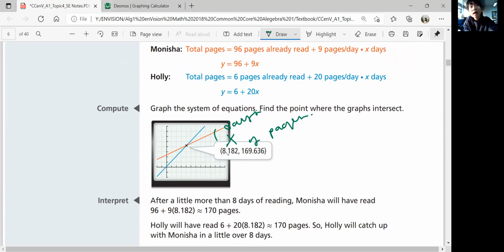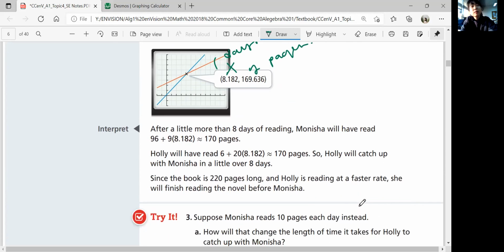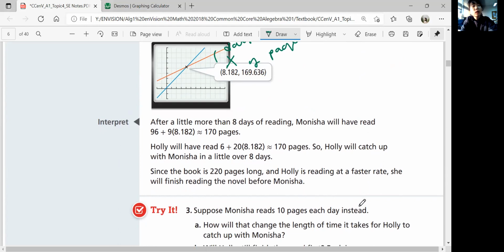And after that, Holly will have more pages than Manisha, because Manisha reads slower than Holly. Okay, so a little over 8 days would be when Holly will catch up with Manisha.